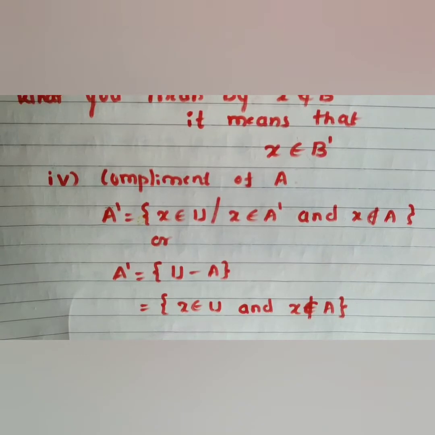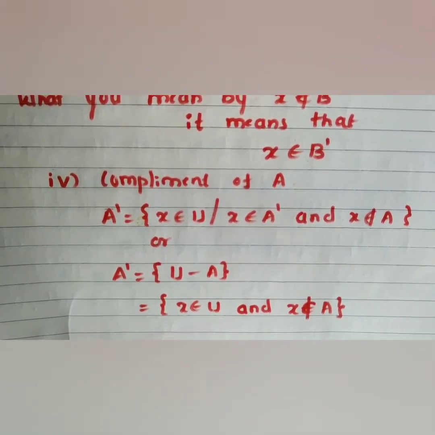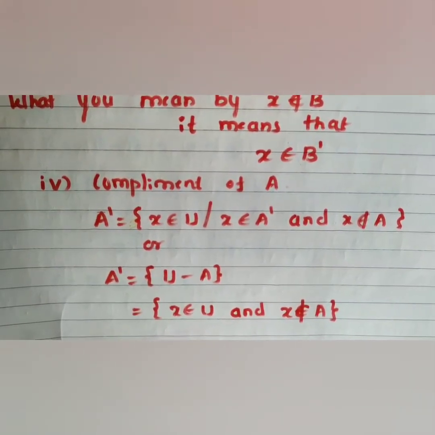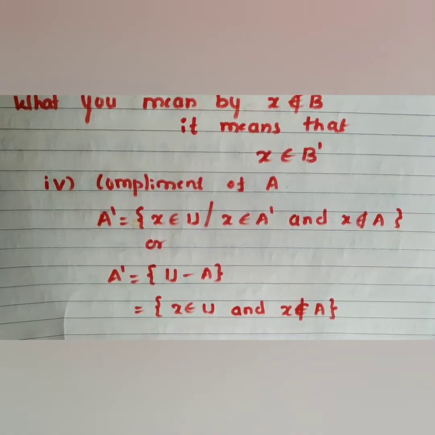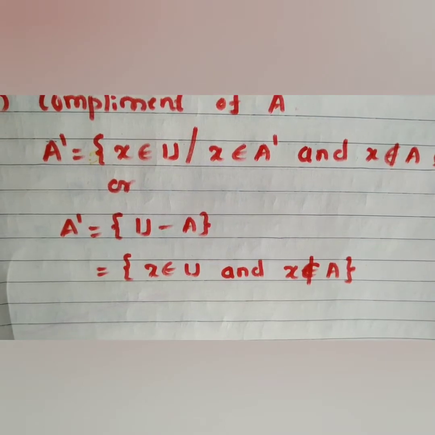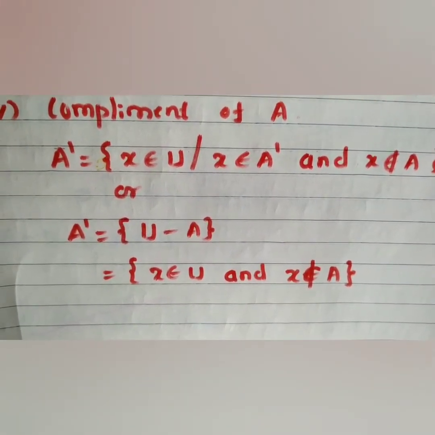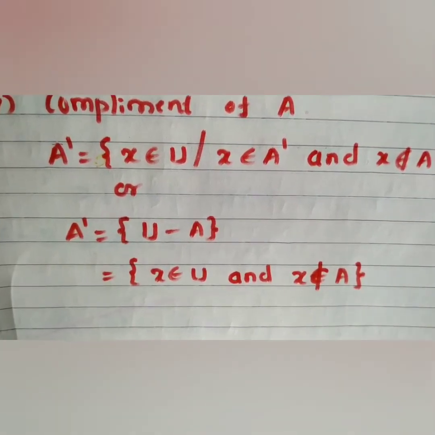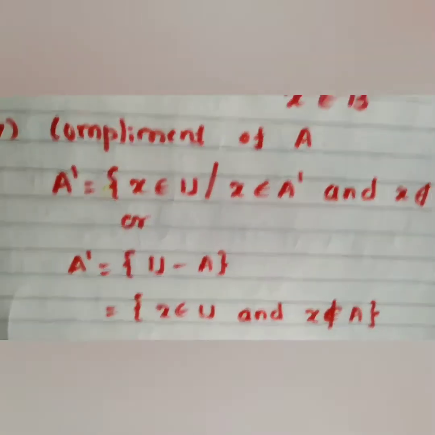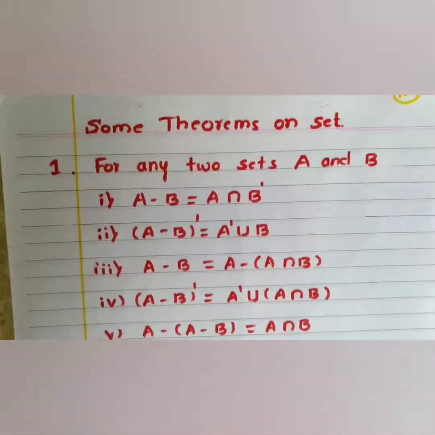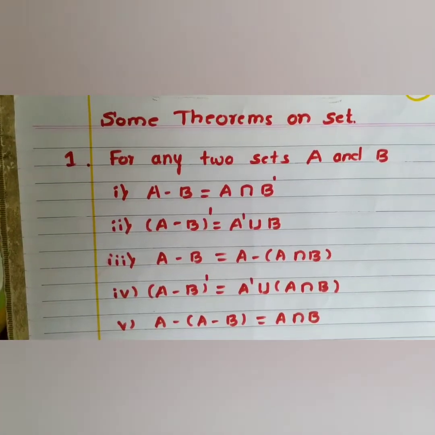A dash is equal to the set of x such that x belongs to U and x does not belong to A. In other words, A dash is written as U minus A. U means the universal set, and A dash means all the elements of the universal set U other than A. Next, in this class, we go for some theorems on sets.